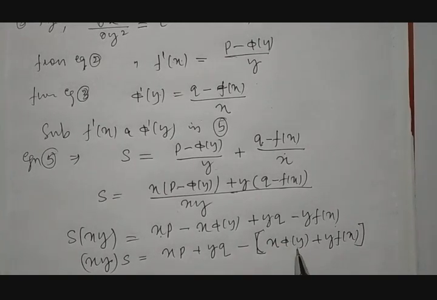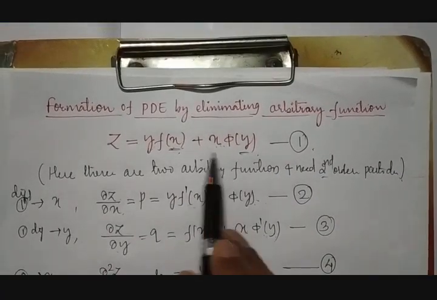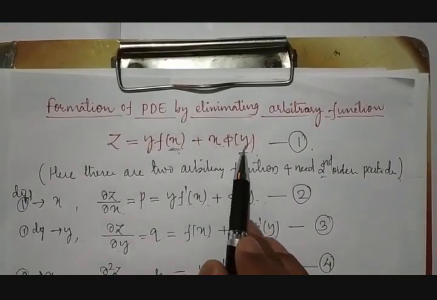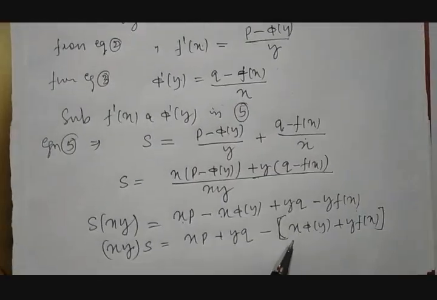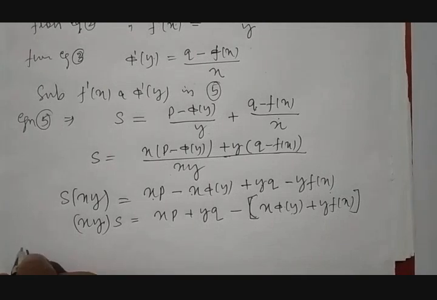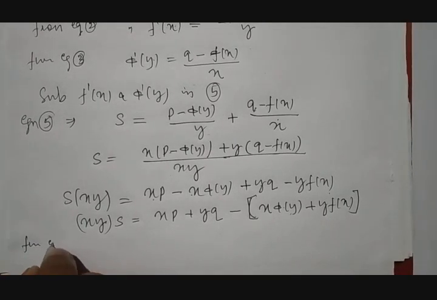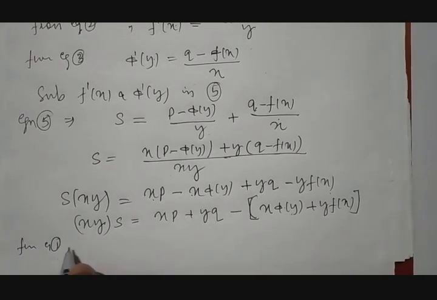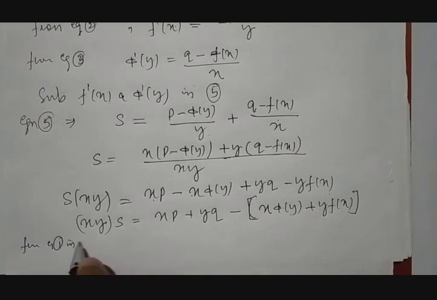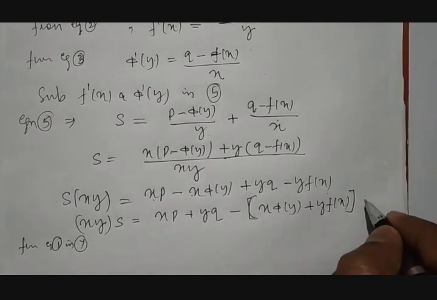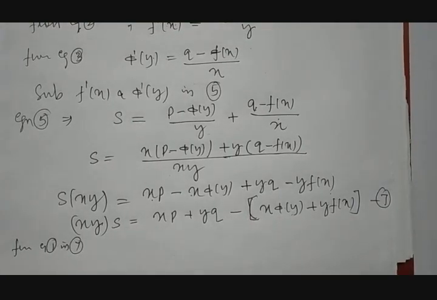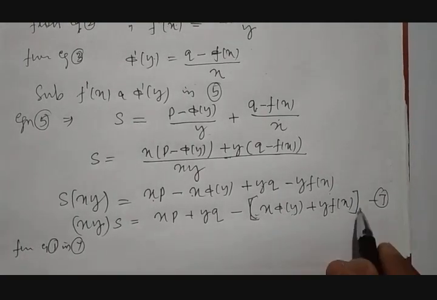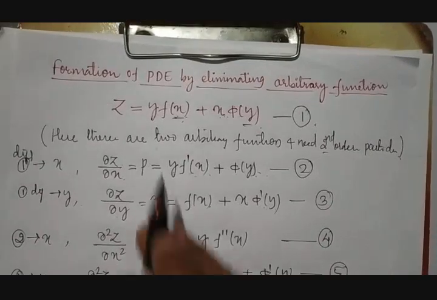But if you see, this bracket is nothing but the given equation. y into f of x plus x into pi of y is nothing but z. Therefore, from equation number 1, substitute that in equation number 7. I call it equation number 7 now. So if you substitute in equation number 7, this bracket is nothing but z.